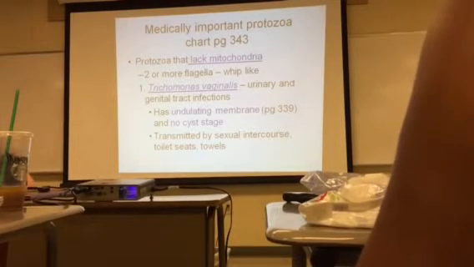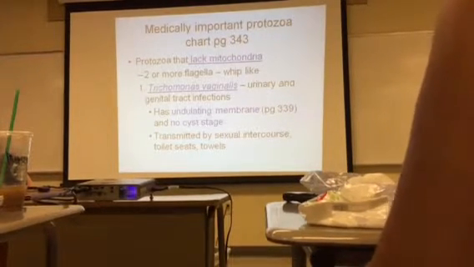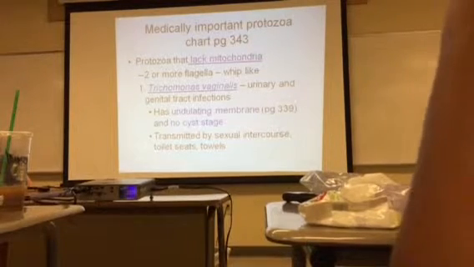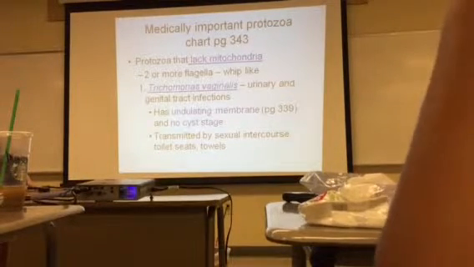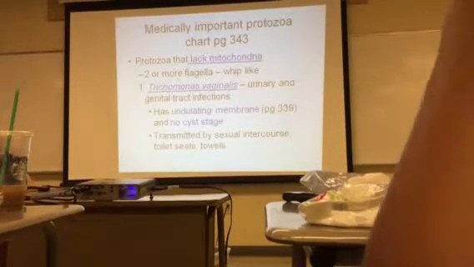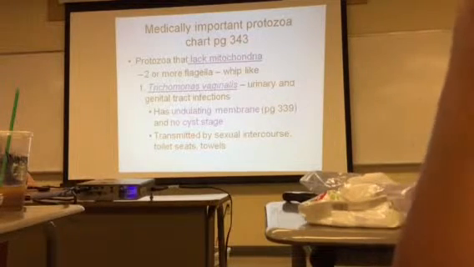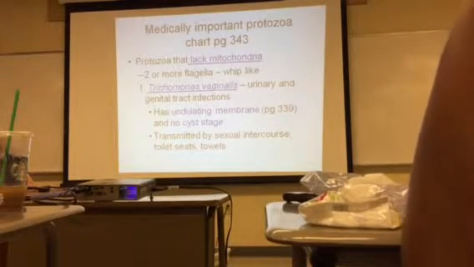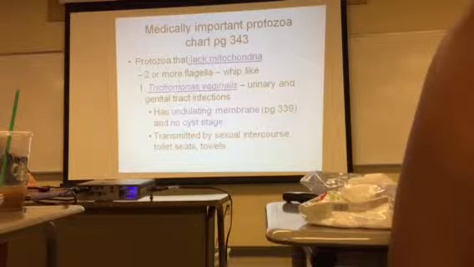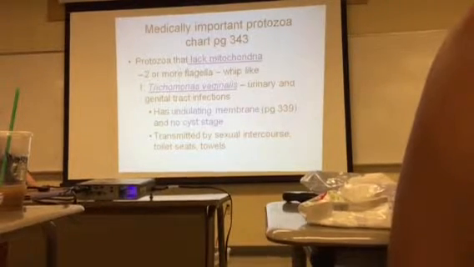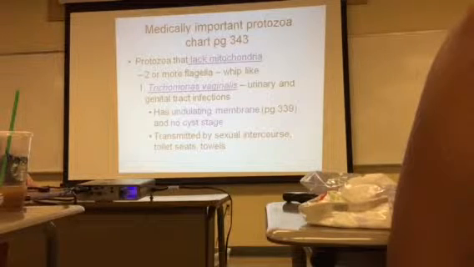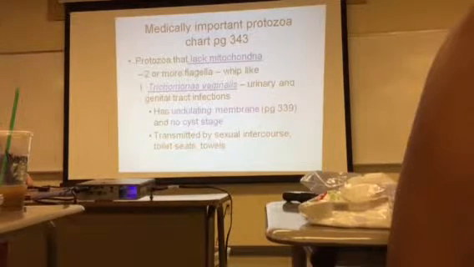One of these protozoa is Trichomonas vaginalis. It causes urinary and genital tract infections. This particular protozoan has an undulating membrane that's going to help it get around. This one in particular does not make a cyst, and it can be transmitted by sexual intercourse, so it's an STD.